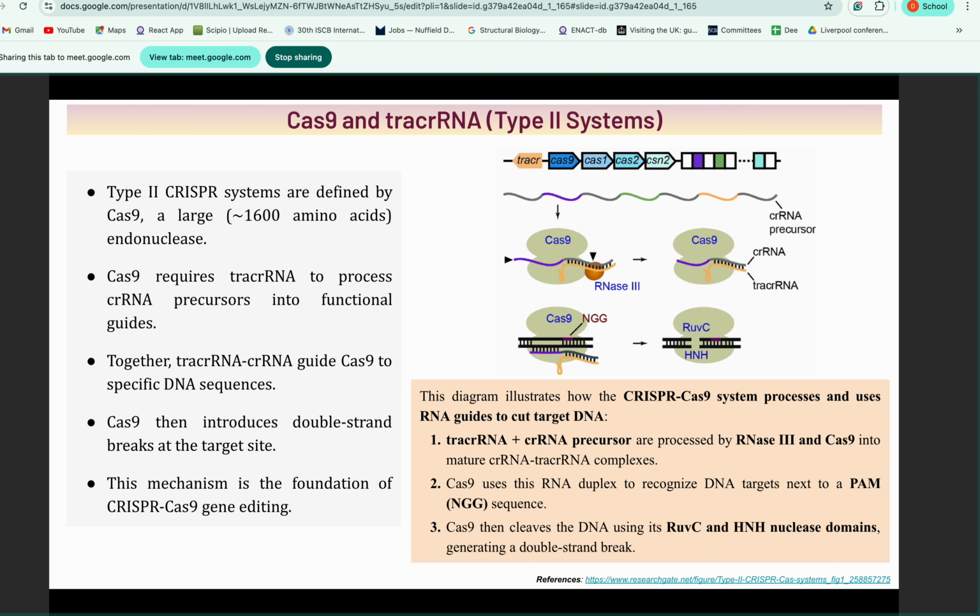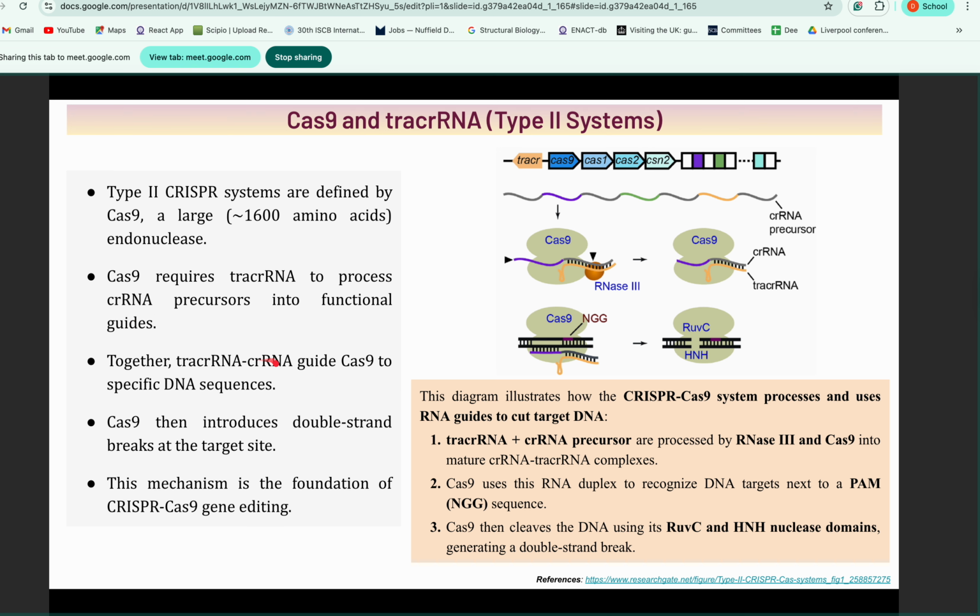So in both of them, we were adding nucleases so that we can bring about double strand breaks. Similarly, in the case of the CRISPR system, we also need nucleases. In the previous systems we used FokI; here we are using Cas9. So these are endonucleases and these are large. And Cas9 requires tracer RNA to process the CRISPR RNA precursors into the functional guides.